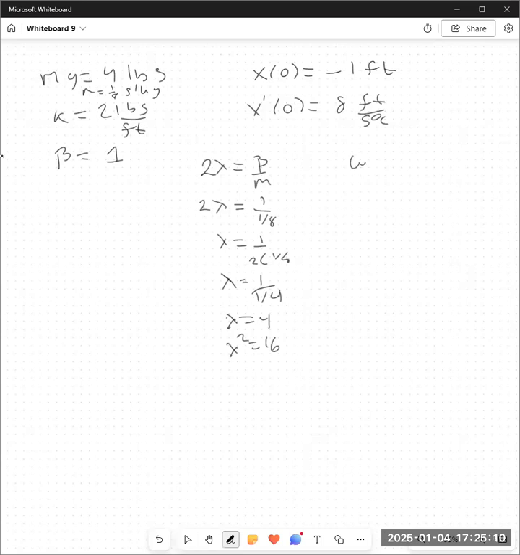Misspoke. All right, omega squared is k over m, k is 2 and m is an eighth. So omega squared is equal to 16. They're equal, so it's case 2, critically damped.